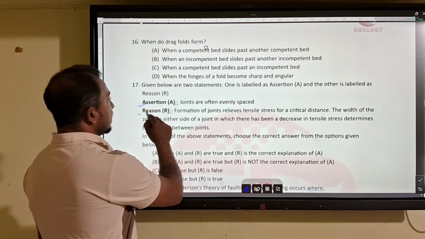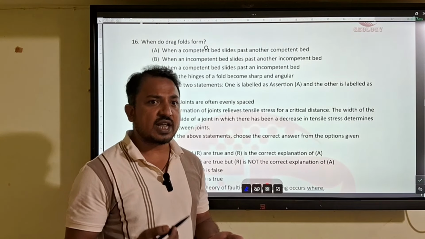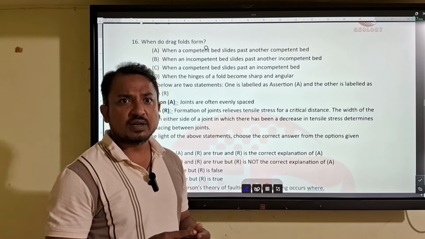So this is the assertion and this is the reason that joints are often evenly spaced. Mural joints have three sets of joints equally spaced that dissect the rock into cuboidal masses. Master joints produce rectangular blocks where the joints are mostly evenly spaced. So the spacing depends upon the tensile stress relief.